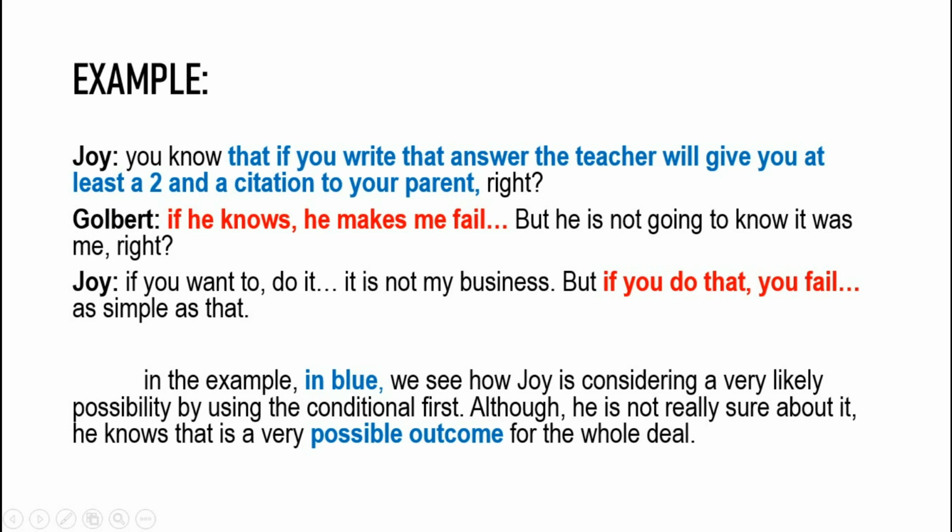So this is a very likely possibility for Joey. He believes that, right? He's the one thinking that idea. Even though Goldberg doesn't really agree on the idea, Joey is establishing a point here. He believes that will be the possible outcome of the situation.